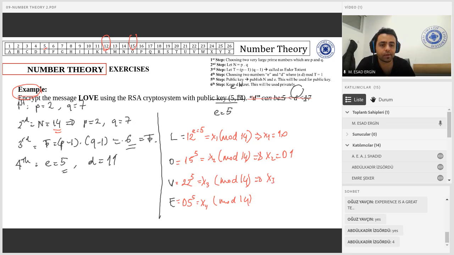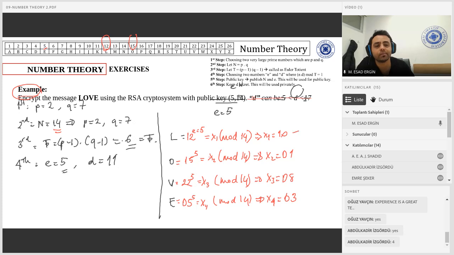For x3, 22 power of 5, and modulo 14, what's the remainder? The remainder is 8. For x4, 5 power of 5 in modulo 14, the result is 3.